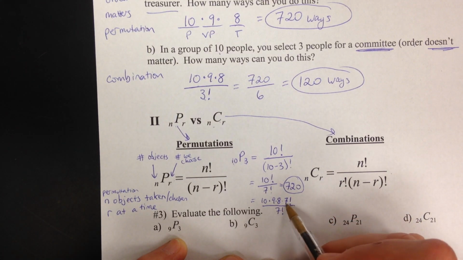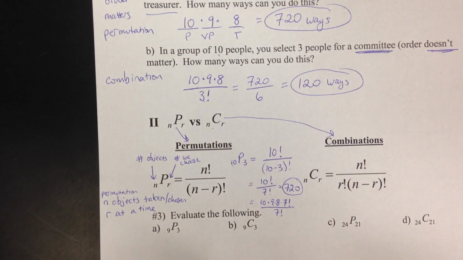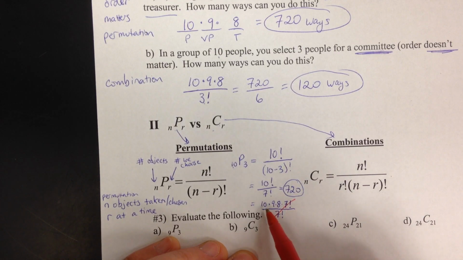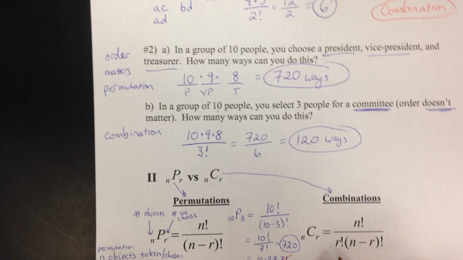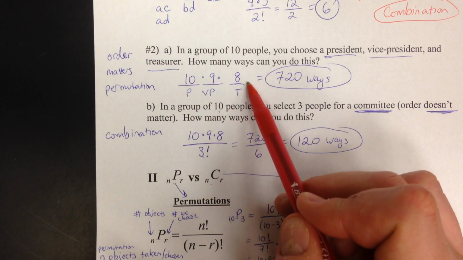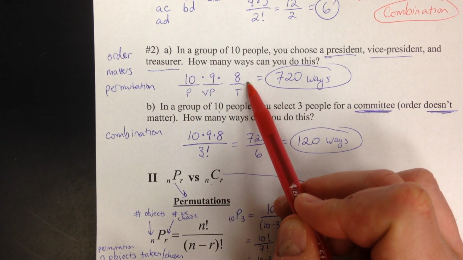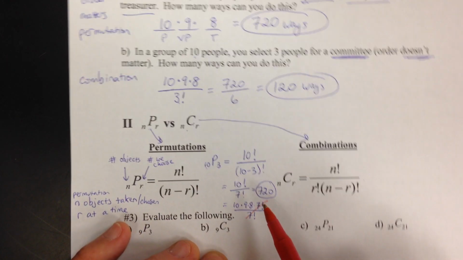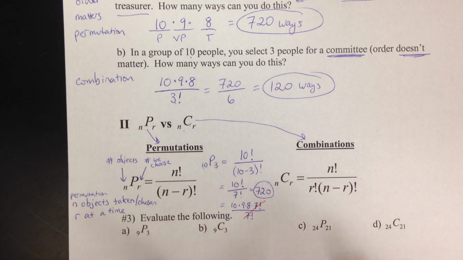Now we can divide these out because they are the same. 7 factorial divided by itself is 1, and what we get is 10 times 9 times 8, which is exactly what we wrote down here. So we have been doing permutations without even realizing it, and this is the way that you can think through the problem, and the way that you can solve it with the formula.